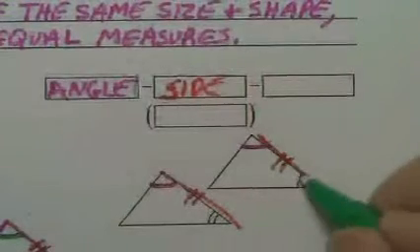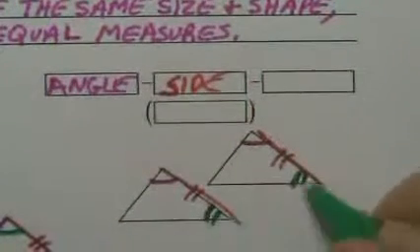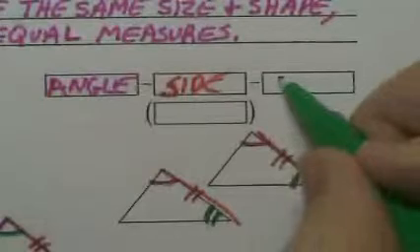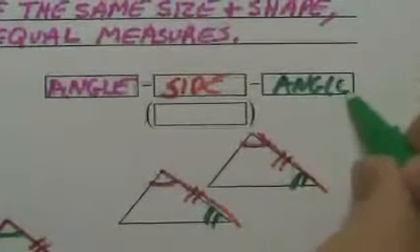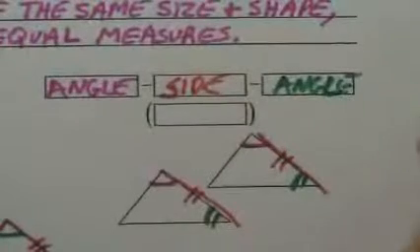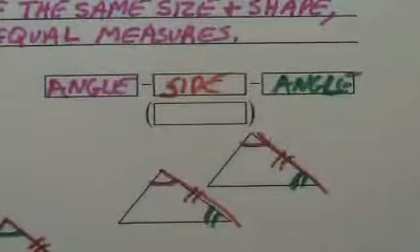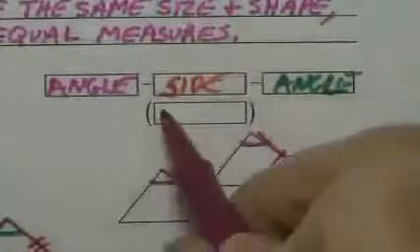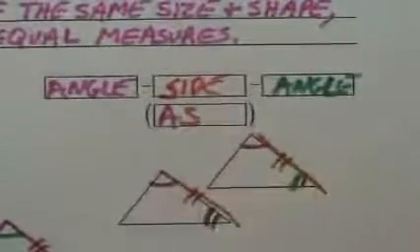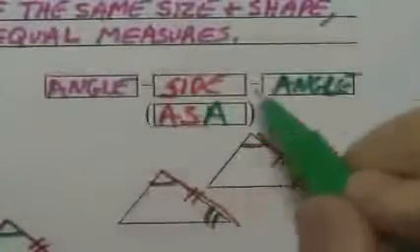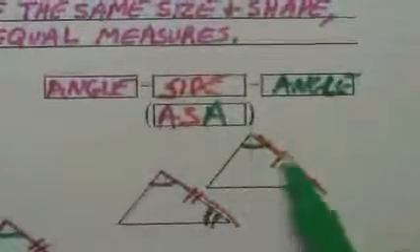Also notice they have another angle that is the same. These two match, they're corresponding. So that is an angle. So you could say that these two triangles are congruent because I have an angle, a side, and an angle. They are congruent by ASA, angle, side, angle.